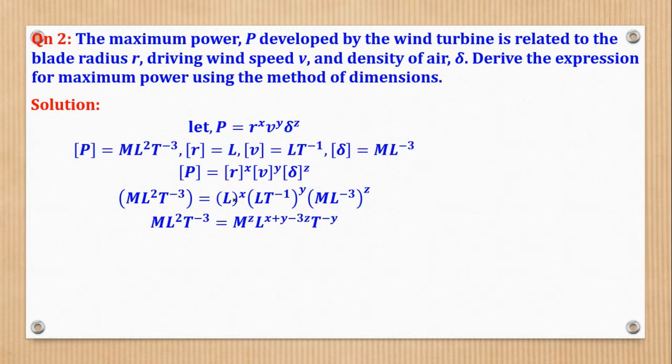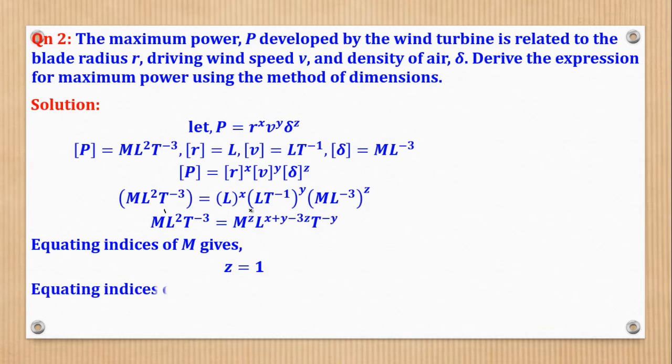For L, there is L to the power X, L to the power Y, and L to the power negative 3Z. For T, there is just T to the power negative Y. So equating indices of M, here it is 1, here it is Z, therefore Z is equal to 1. Then indices of T, here there is negative 3, here there is negative Y, therefore Y is 3.